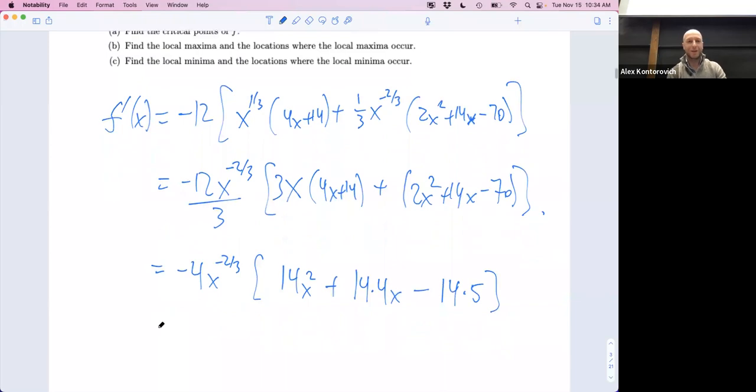Aha. So that 14 can come out. -4 times x to the -2/3 times 14. And I'm left with x plus 4 times x minus 5. I think I can factor that because I need a plus sign and a minus sign. I want the sum of two things to be 4 and their product to be -5.